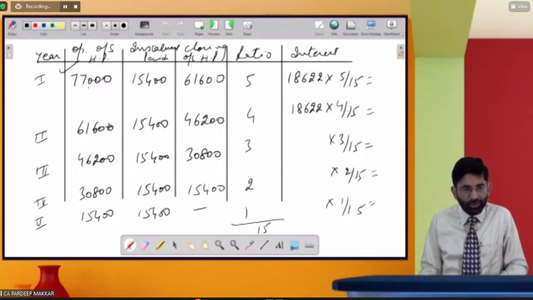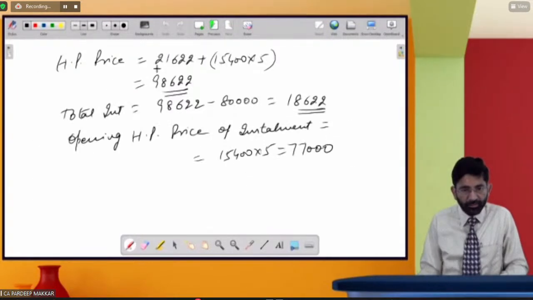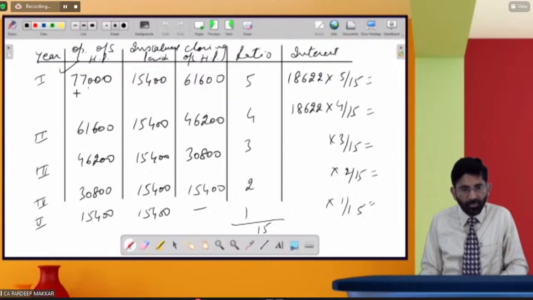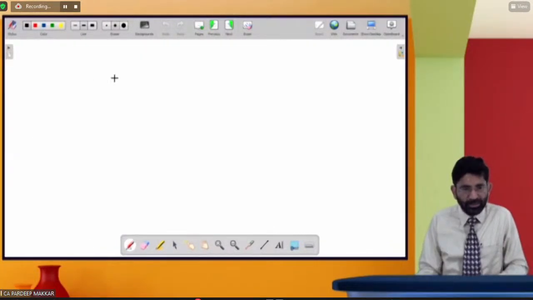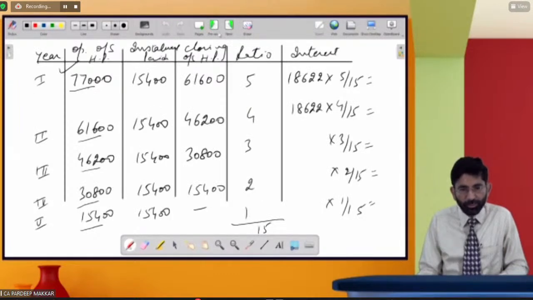In this question, how to calculate the ratio? It's better you write it here. 770 is to 616 is to 462 is to 308 is to 154. First of all, this is the way to calculate the ratio.